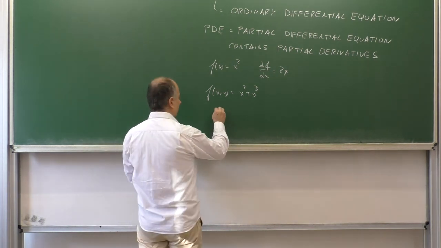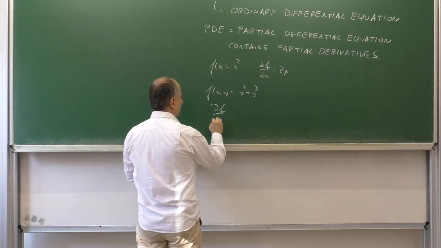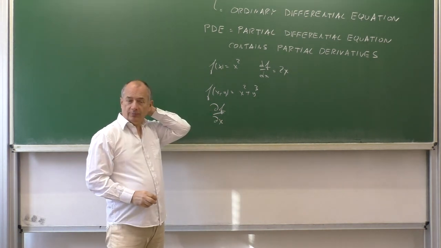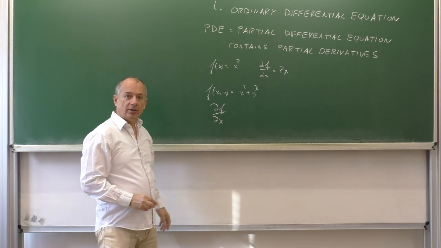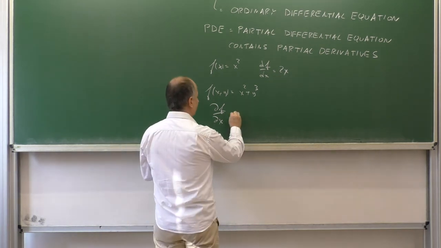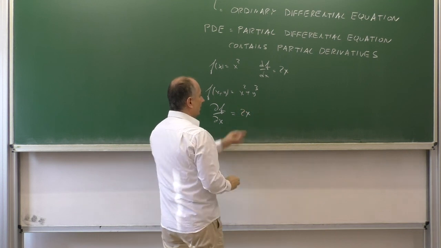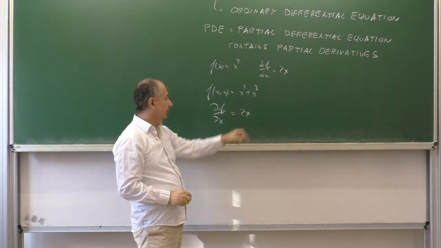The partial derivative of f with respect to x is denoted by this funny d resembling a 6 in the mirror. And the partial derivative of f with respect to x is 2x when we look at y as a constant.